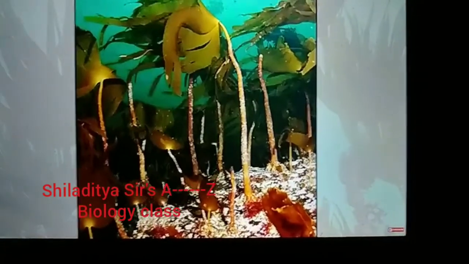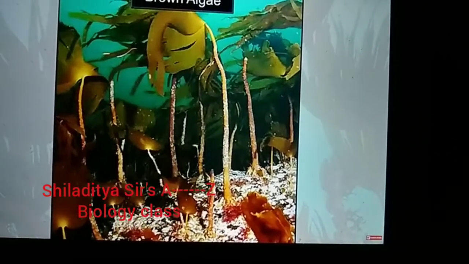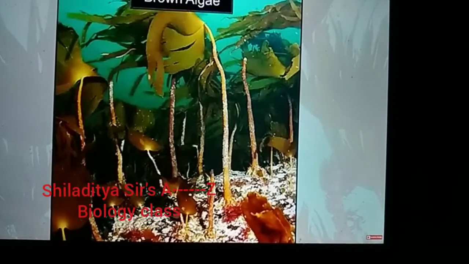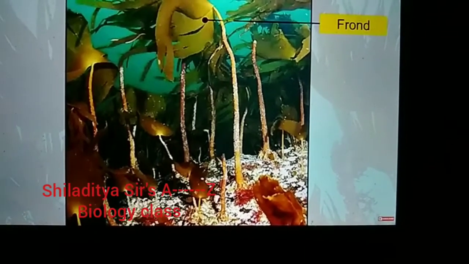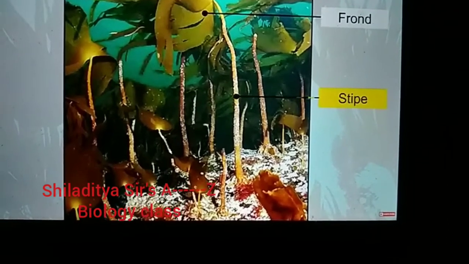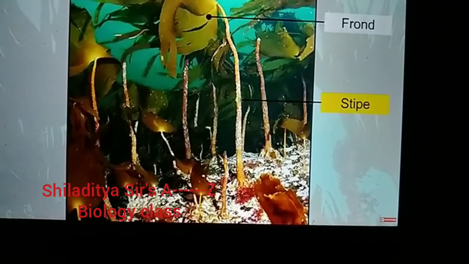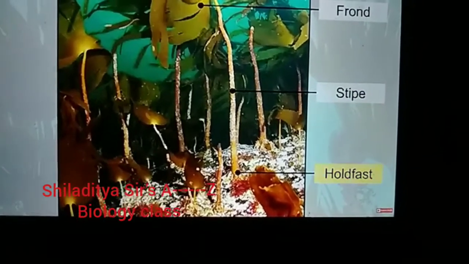Let's now take a look at the body structure and cellular structure of brown algae. The plant body consists of a frond, a leaf-like photosynthetic organ, and a stipe that functions as a stalk. The frond and stipe are attached to the substratum by a holdfast.